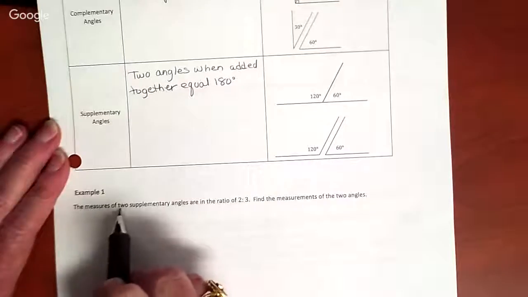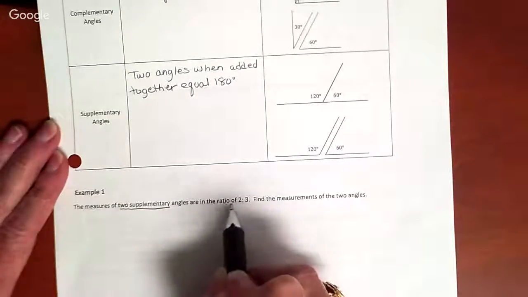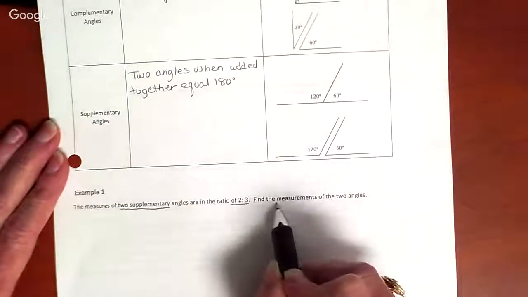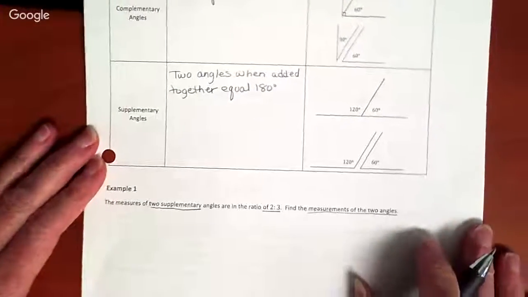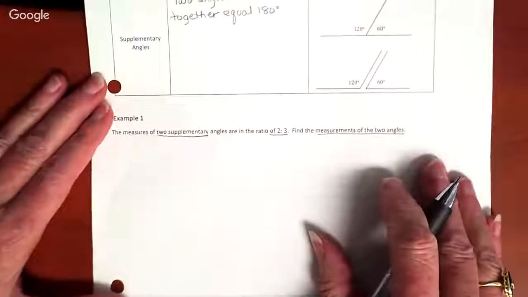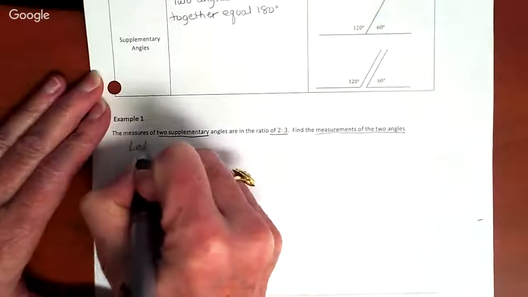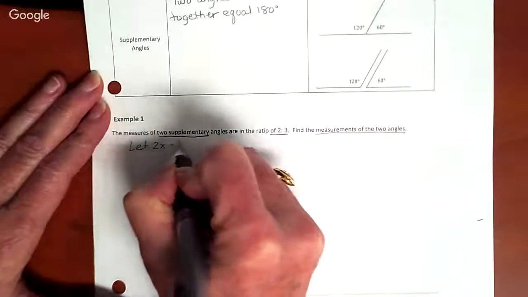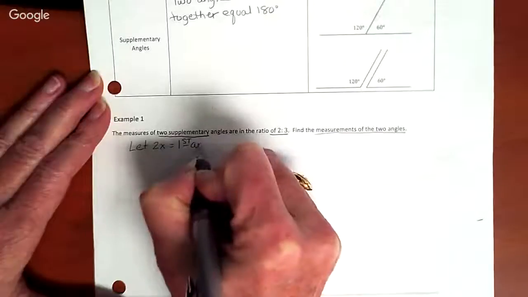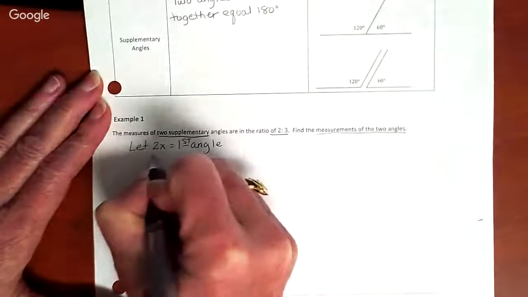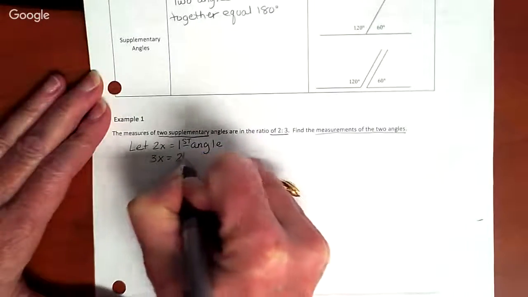Okay. So now it says the measure of two supplementary angles are in the ratio of 2 to 3. Find the measurements of the two angles. Well, from here on in, guys, these are really word problems. So for here, we've got to write let statements. So let 2x equal the first angle, and 3x equal the second angle.